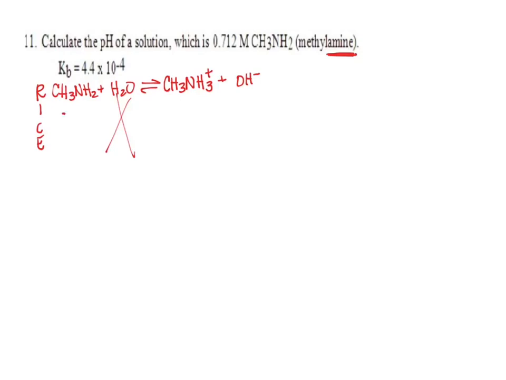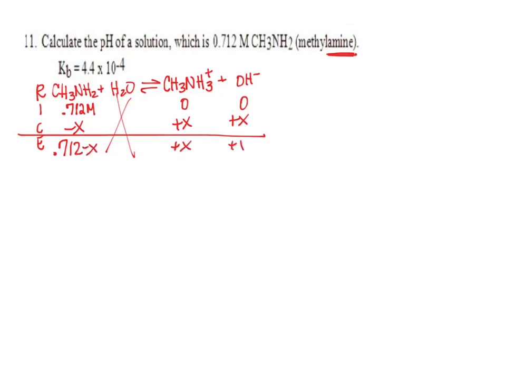Initially, we have 0.712 molar of our methylamine and nothing of the other part. Our change is minus X, plus X, plus X. And at equilibrium, we have 0.712 minus X, plus X, and plus X. So there's one part of our setup.